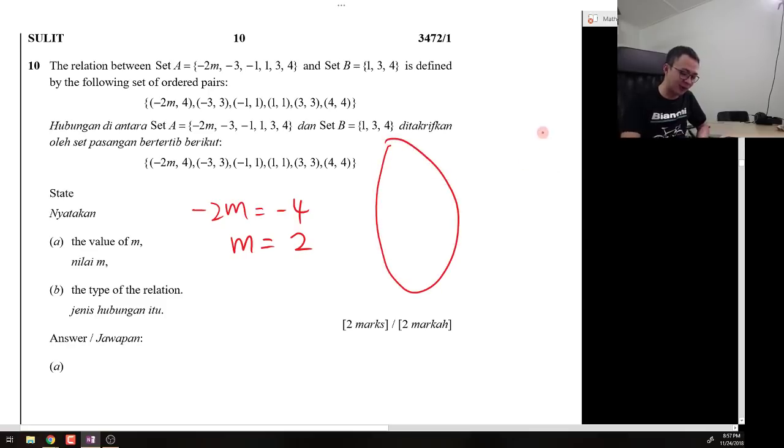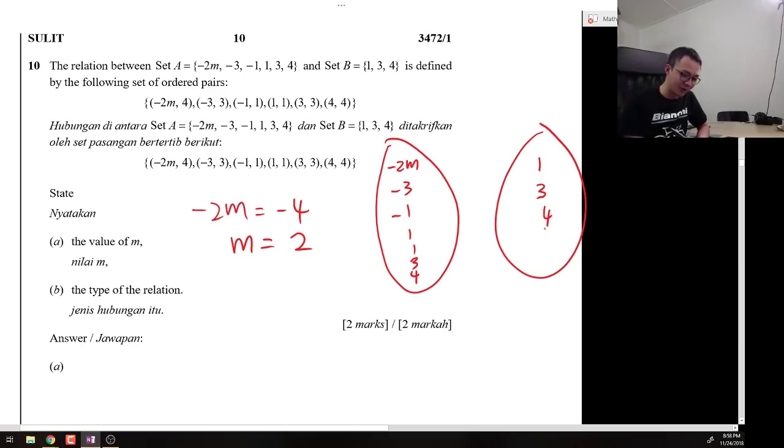Okay, I draw 2 circles here. Here we have negative 2m, we have negative 3, we have negative 1, we have 1, 3, 4. We still have a 4 here. And then the image set we have 1, 3, 4.